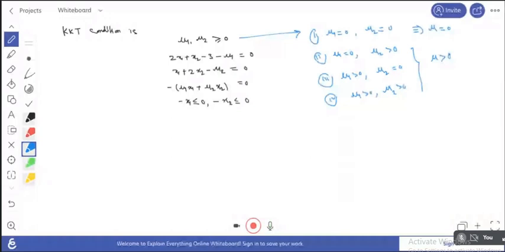Okay, so you have just four cases here. So now, if we take our first case, when mu1 is 0 and mu2 is 0. So this implies, if we take from the equations, okay, which equations? Suppose we write this equation as 1, this as 2, and this as 3.